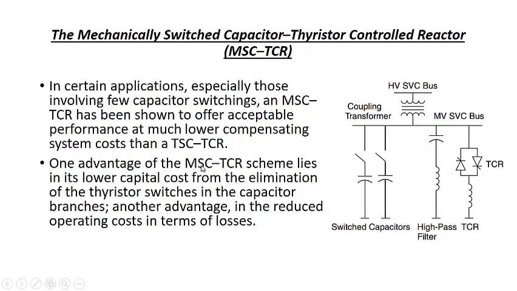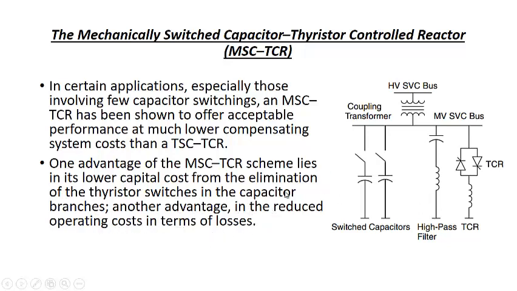One more advantage of the MC-TCR scheme lies in its lower capital cost, as I have told you here, from the elimination of the thyristor switch, because we will not be using the thyristor switch, which is very costly in the capacitor. Another advantage is the reduced operating cost in terms of losses.